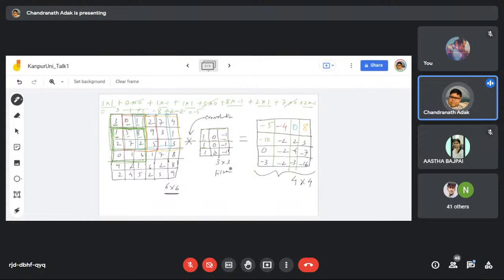This is some sort of representation of the entire 6 cross 6 image after this convolution operation. If we perform multiple convolution operations one after another, in short, you have this 6 cross 6, I performed one convolution operation and got this 4 cross 4, using the filter F, which is 3 cross 3.